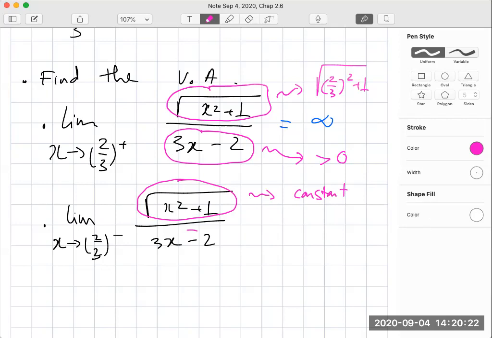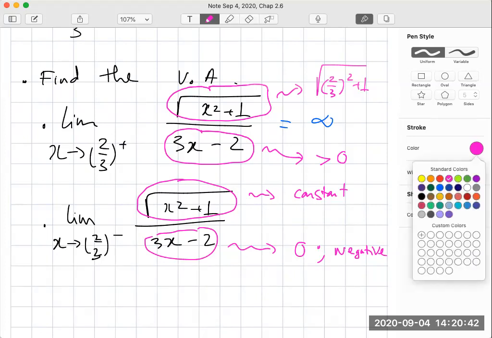And this guy approaches 0, but it's smaller than 0, right? A number divided by a very small number which is negative, then it should converge to negative infinity.